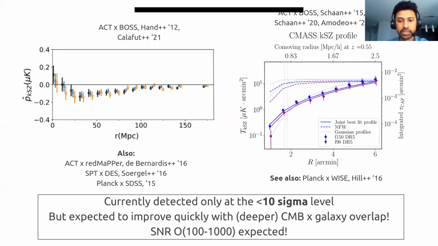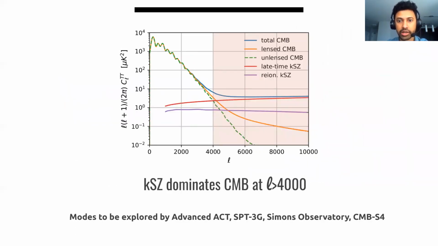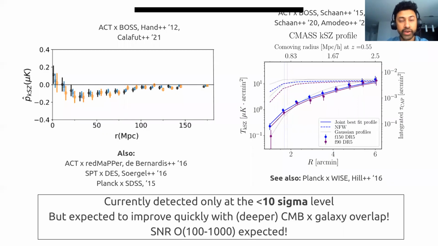And so what that really means is that there's this uncharted territory of the kSZ effect, which dominates above all the other black body signals in the CMB. And so far, the effect has been detected in many different ways, by different experimental groups, but only at something like the 10 sigma level.